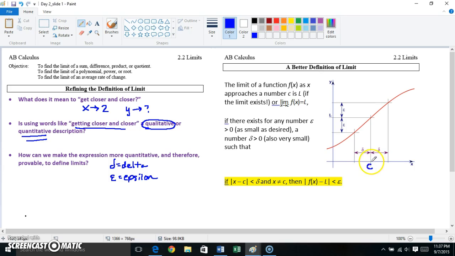If this distance represents delta, the interval surrounding c, and we go up to our graph, we notice that we get an interval in y surrounding our limit value. So this would be L plus our epsilon, and this would be L minus our epsilon.